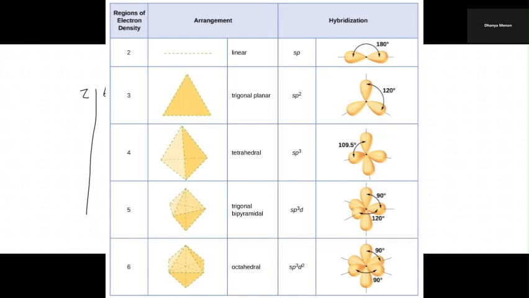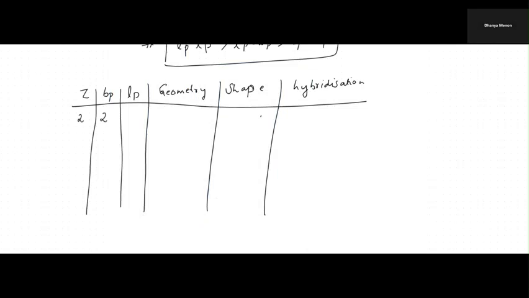Now, in case I have Z equal to 2, there will be 2 bond pairs. Suppose the Z value is 2 and there are 2 bond pairs and 0 lone pairs. That means both of them are used to form the bonds. Then we learned when Z value is 2, the geometry is linear. So suppose there's an atom A. This is linear.